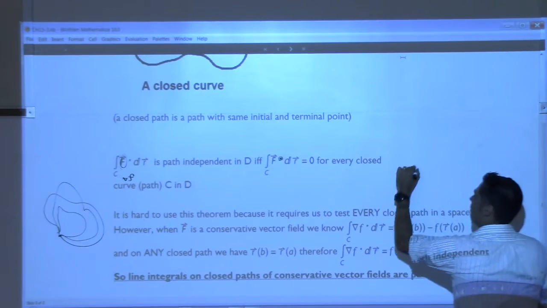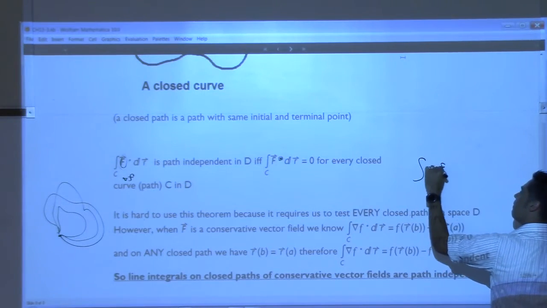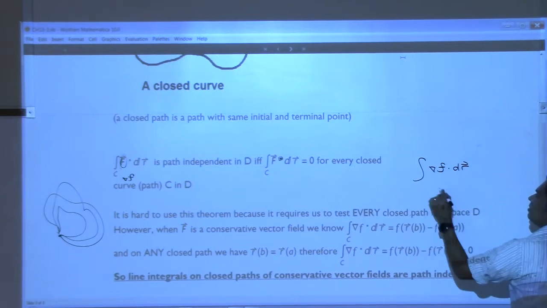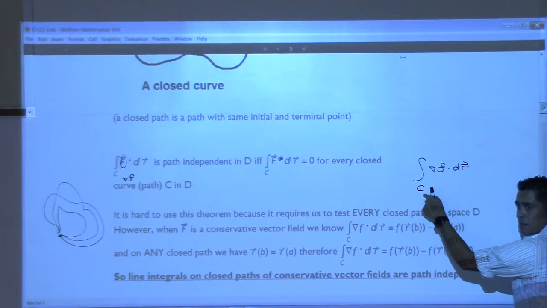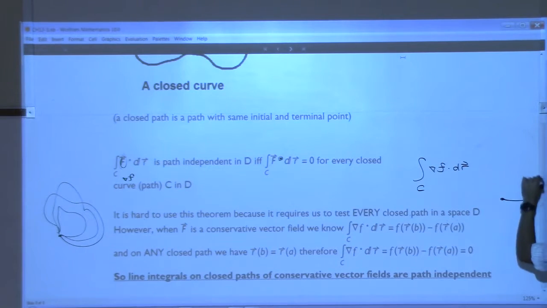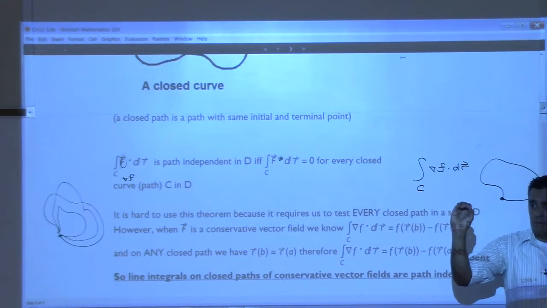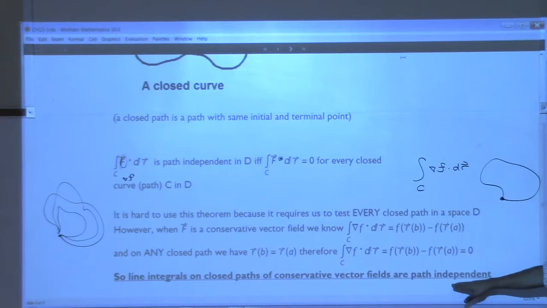Because if I tell you that this curve is closed, then the starting and ending point is the same. Then when you use the fundamental theorem of line integrals, you're going to be subtracting the same thing minus itself, right? Because your starting and end points are the same. So that will always give you a value of 0. So this is what this is saying right here.